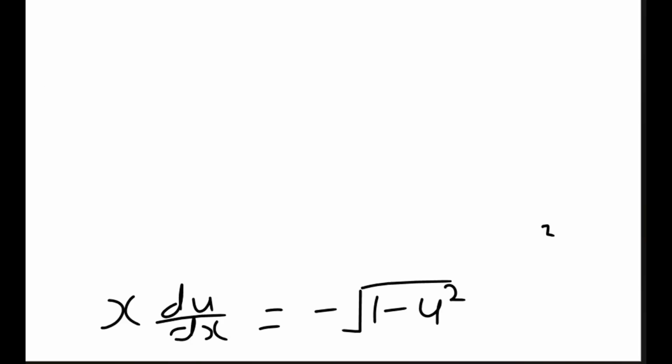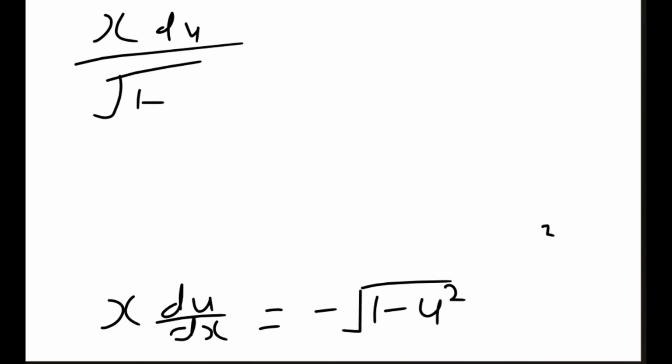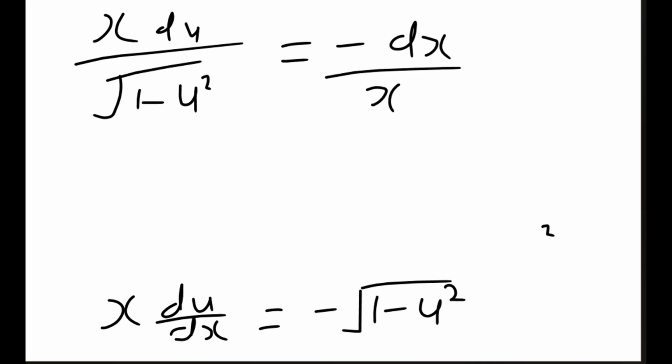Okay, let's write that on our next page. x du over square root of 1 minus u squared is equal to minus dx. Okay, so let's divide through by x as I said.